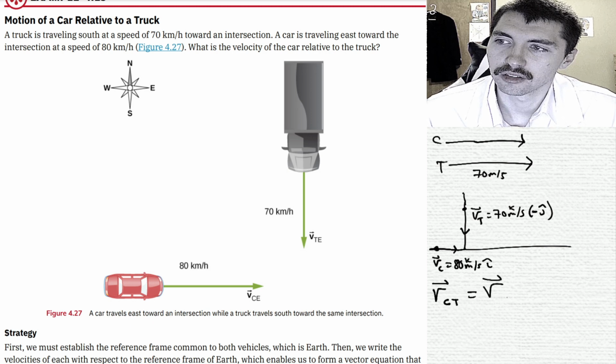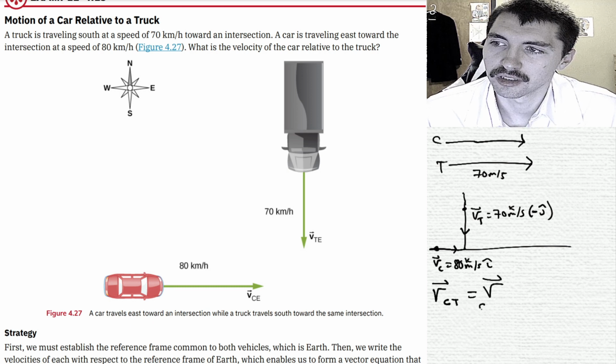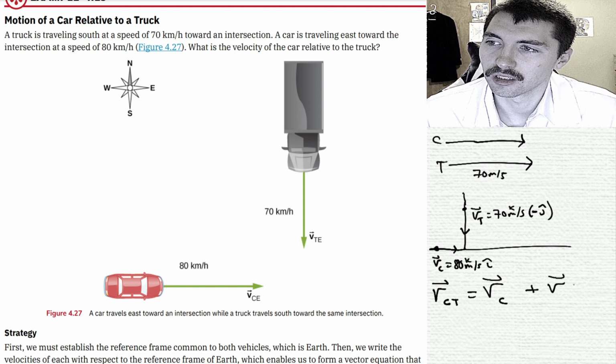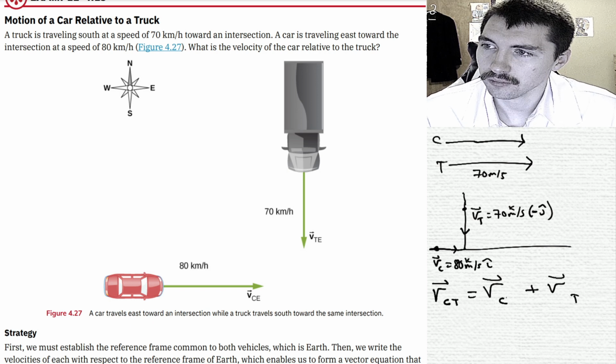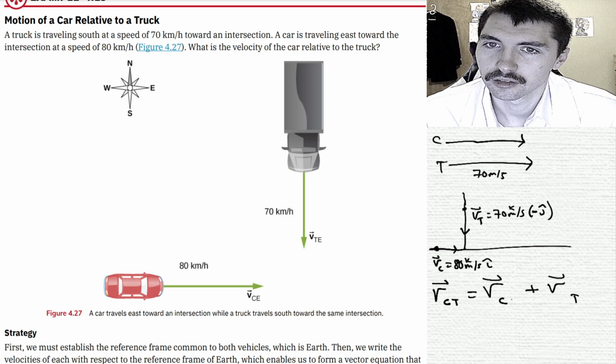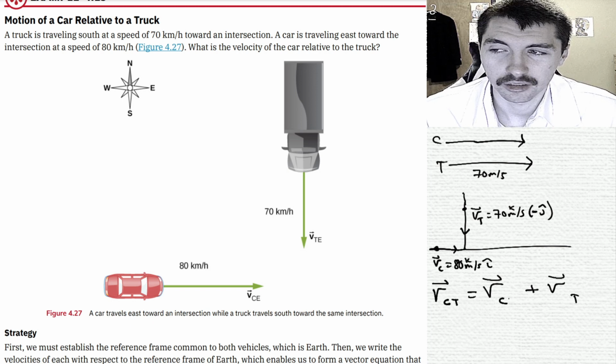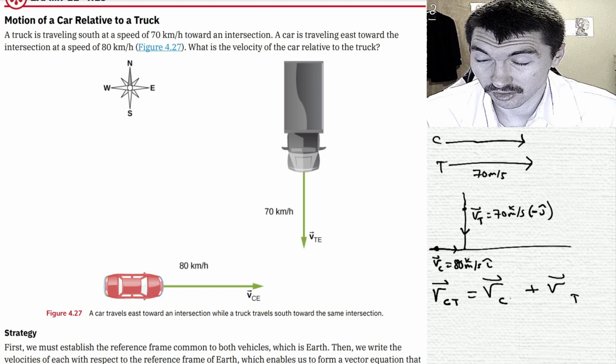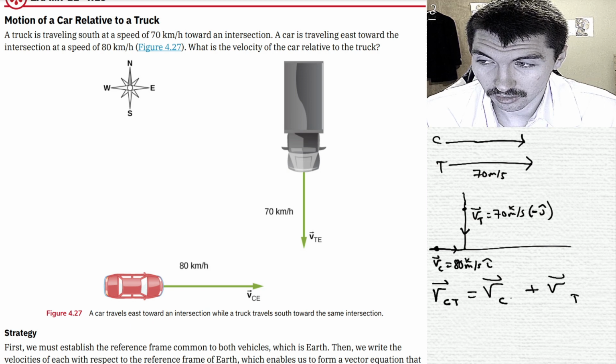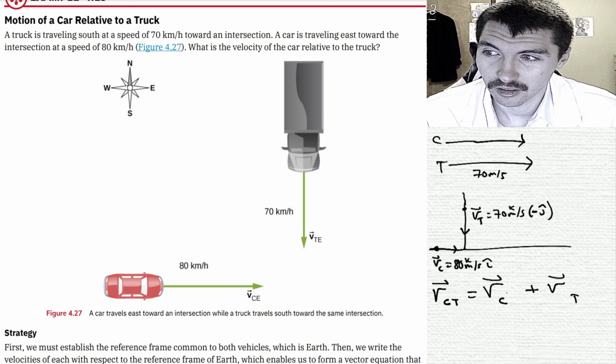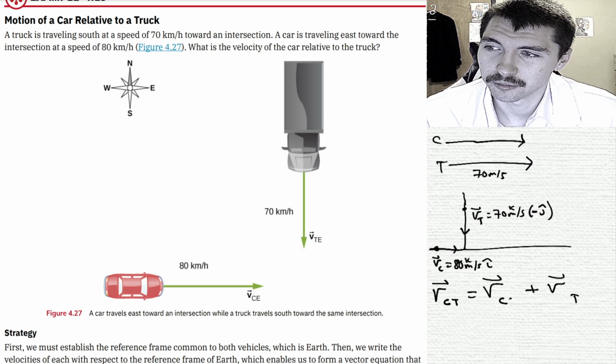So that's going to be something with C, it's definitely going to be C, and then something with T. So it's going to be the car relative to the car. I don't know if that makes sense. Okay, so let me just write my first guess.